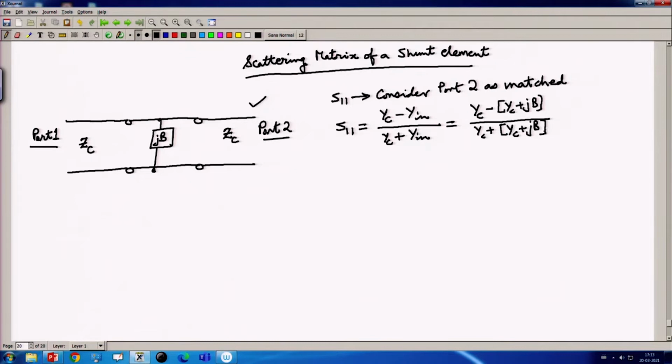So, we just put in the value of the input admittance, which is Yc plus jB, looking towards the right side from port 1. So, the total admittance is Yc due to the transmission line plus the jB. So, it is Yc minus (Yc plus jB) divided by Yc plus (Yc plus jB).